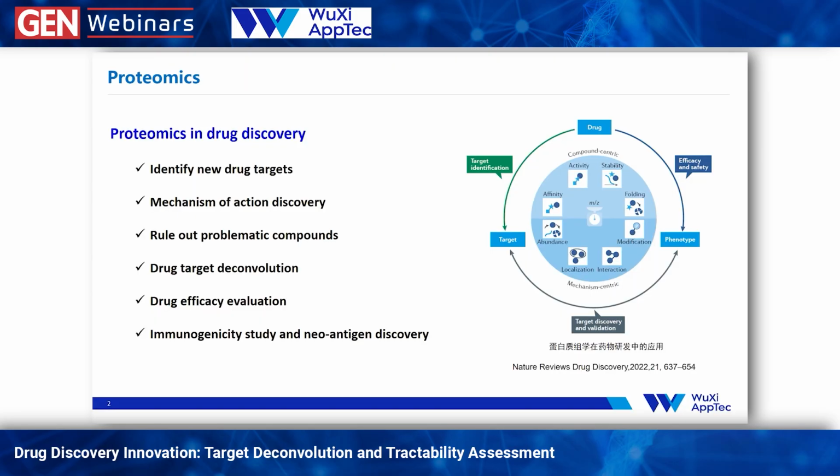The mass spectrometer technique and the proteomics technique have been widely used in biological research. The techniques are also useful for earlier stage drug discovery, such as drug screening, mechanism of action discovery, drug target deconvolution, and rule out problematic compounds, also biomarker identification.